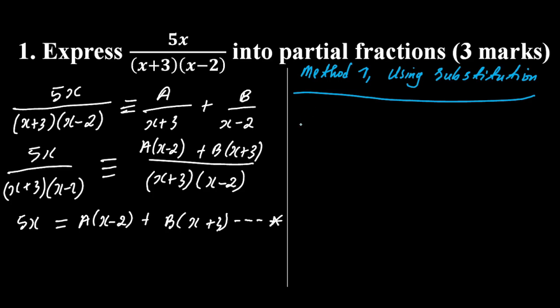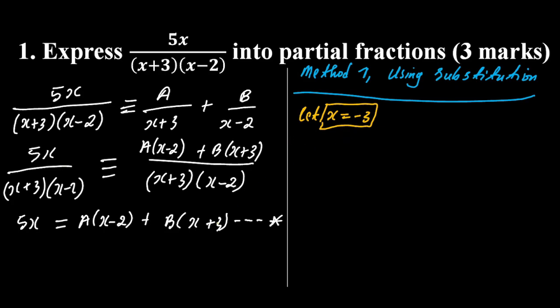Here we need to let x be a value such that when we put it in our equation star, it should cancel one of our variables, either A or B. Looking at equation star carefully, you see that if we let x be, let me say, minus 3, this is the first substitution.